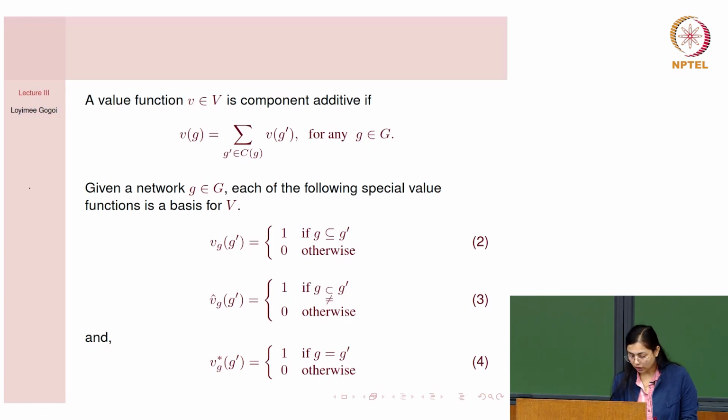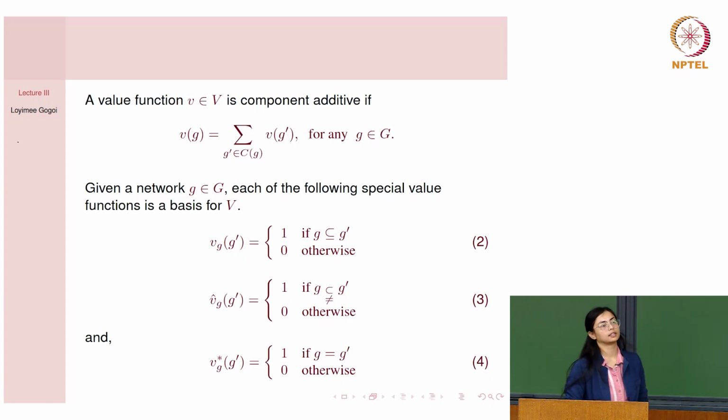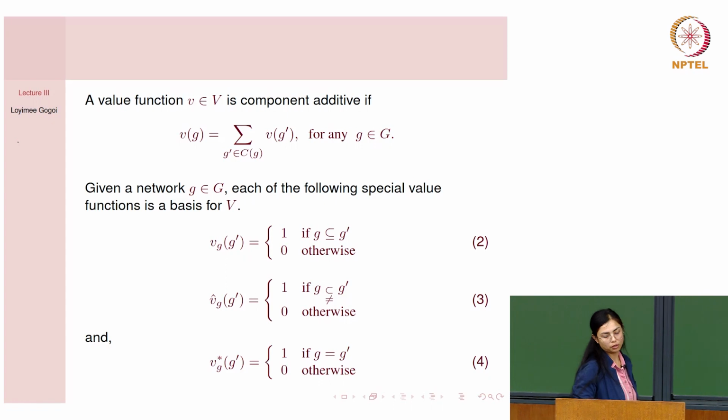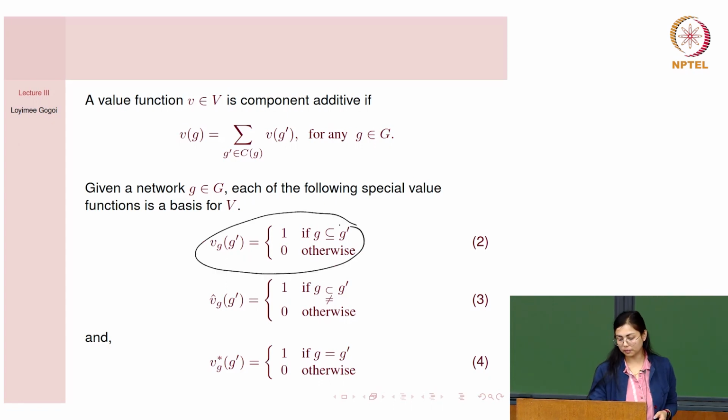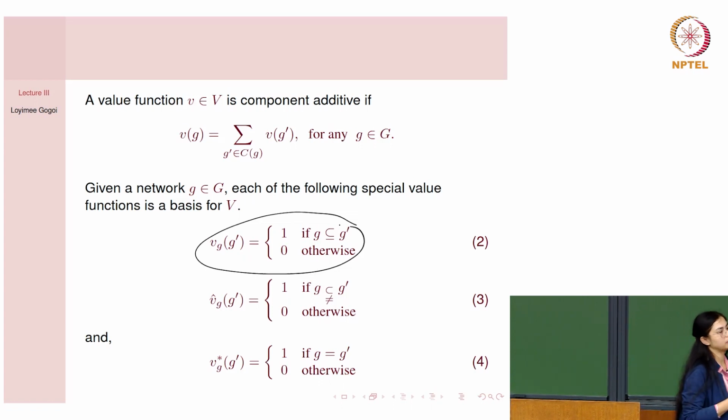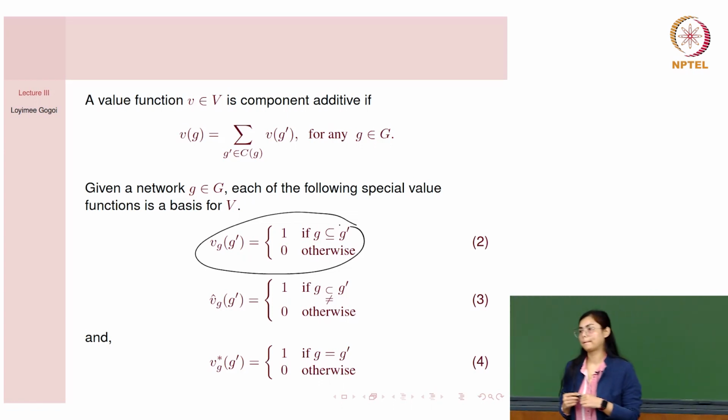The set of all network games on G is again a linear space, and these are its bases. This is almost similar to the unanimity basis. So now my question is, what is the dimension of this linear space?